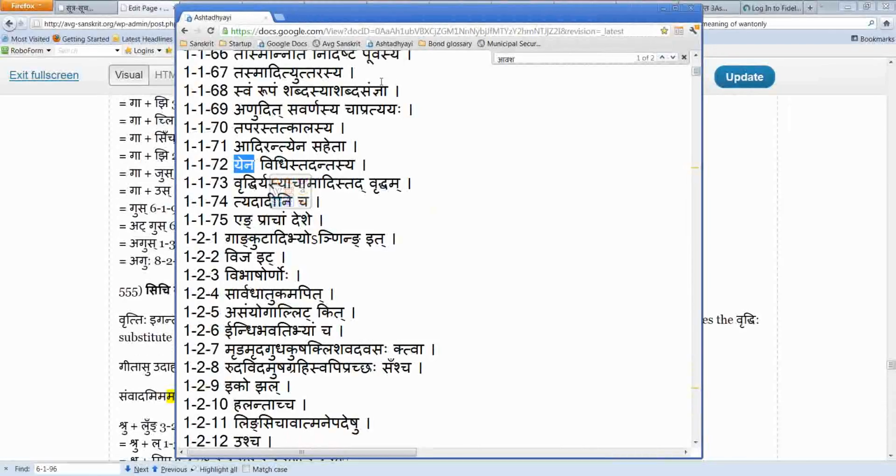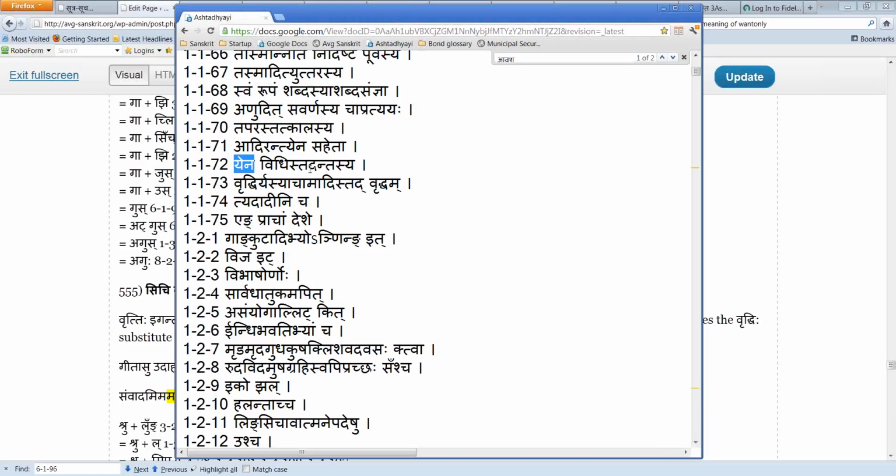So here this ikaha is a visheshanam, ikasthane. Ikaha is qualifying the angam. So now we have that vriddhi is a substitute in place of an angam which is an ik letter or which ends in an ik letter.